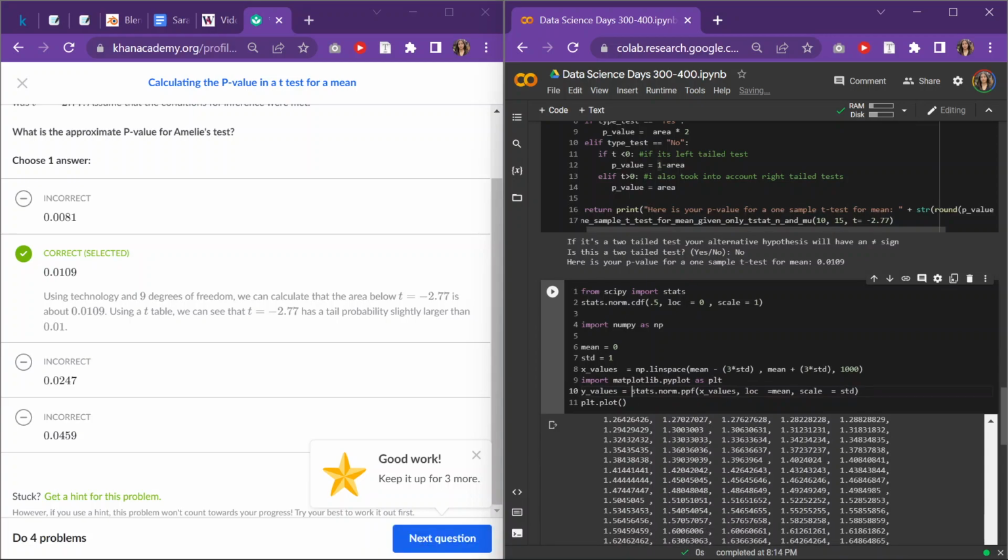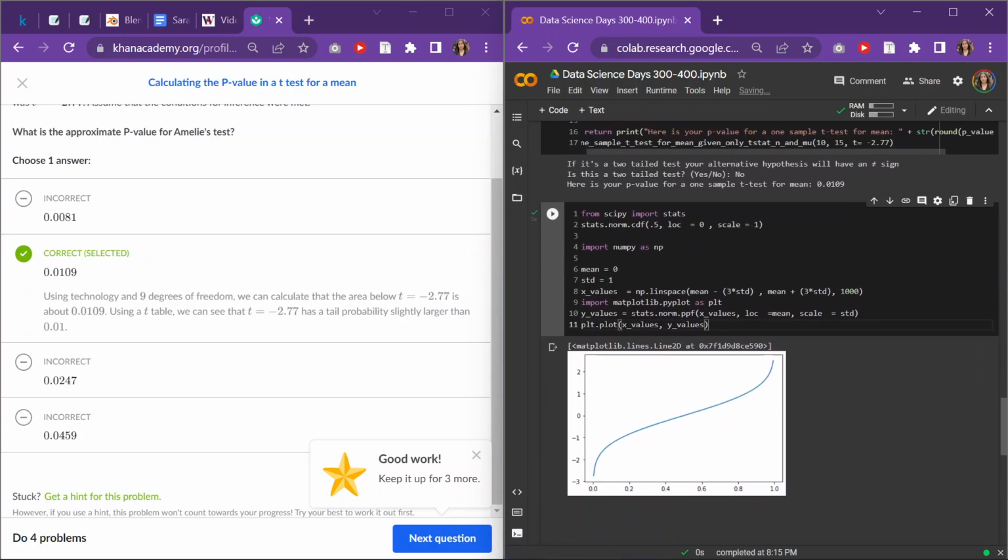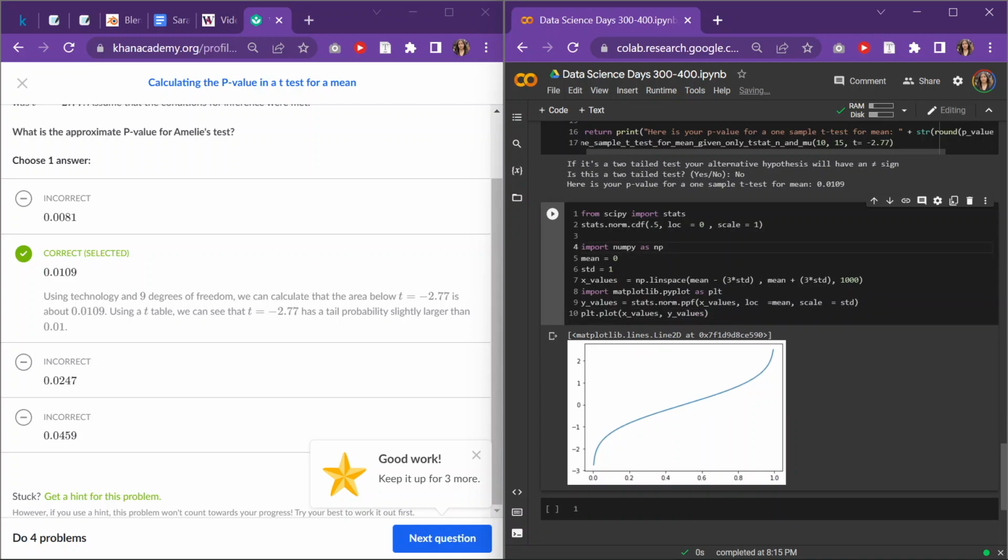So that equals my y values, and then I want to plot my x values on the x-axis and my y values on the y-axis, and that should plot a fairly normal distribution, but it's not doing that, so what the heck. All right, let's think.